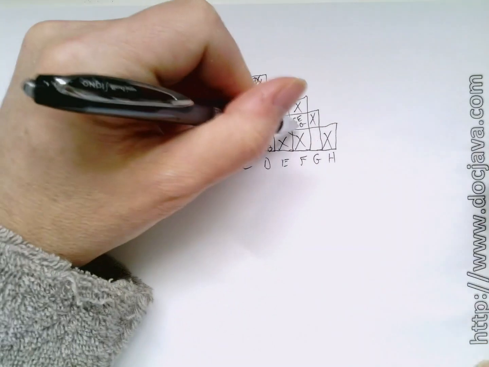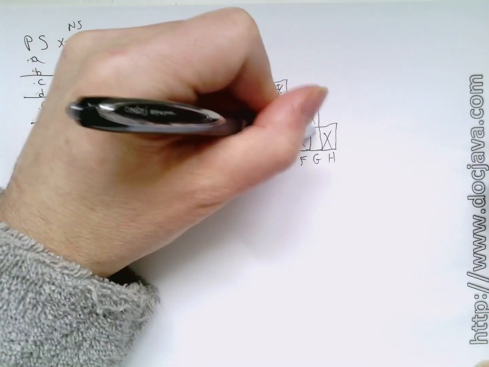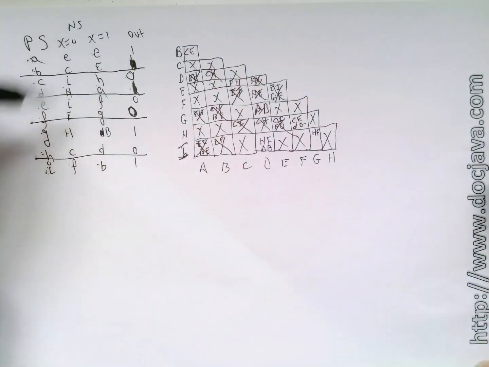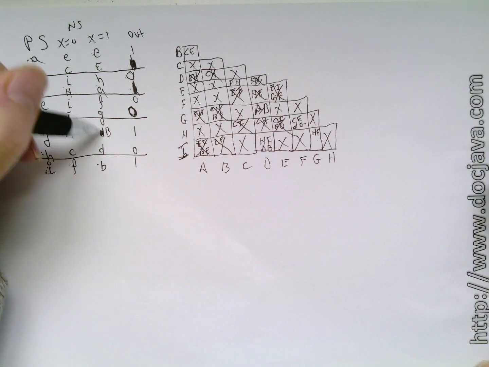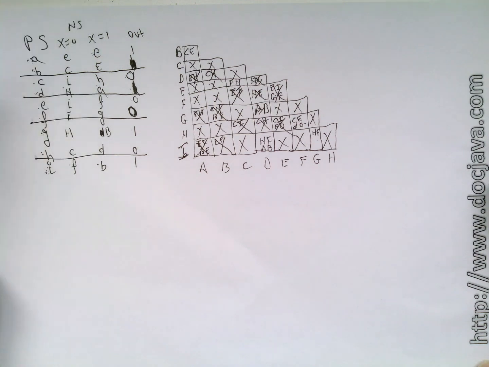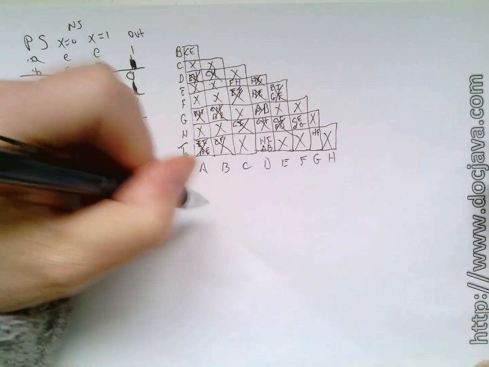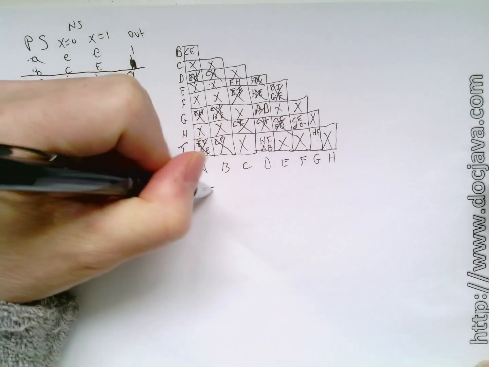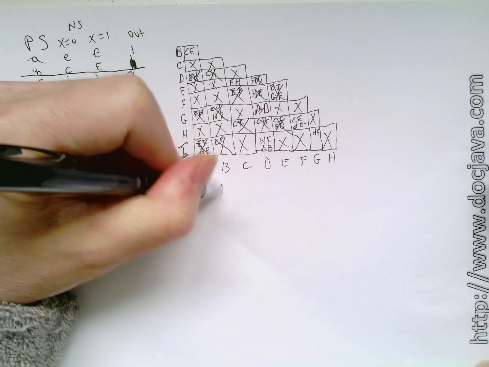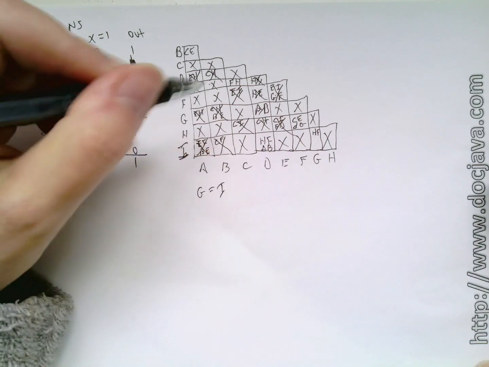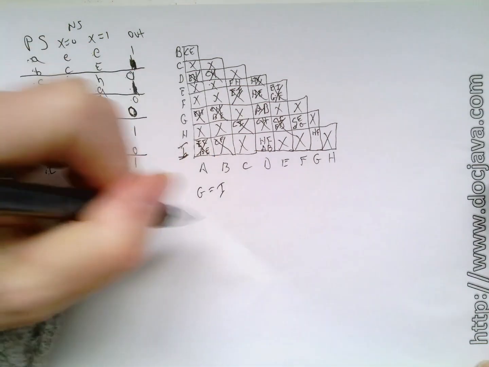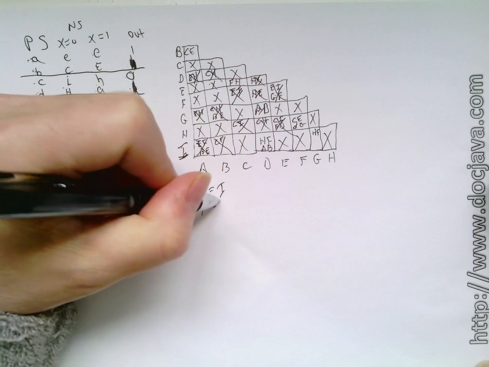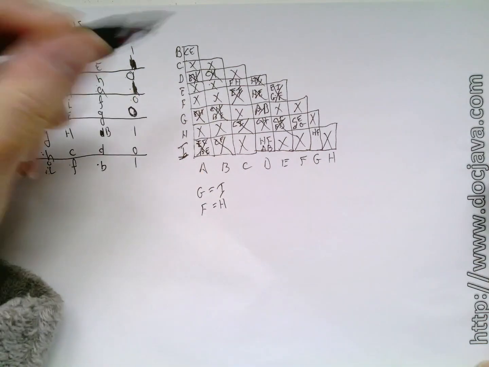HF has promise. And what else could it be dependent on? Let's see, GI is also BB. So, very interesting. It looks like G is equivalent to I. F is equivalent to H. Okay.